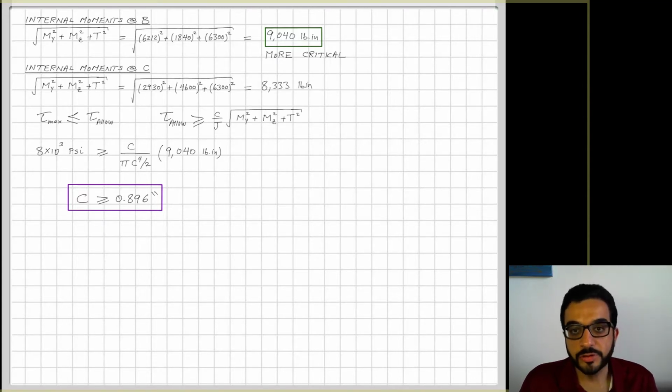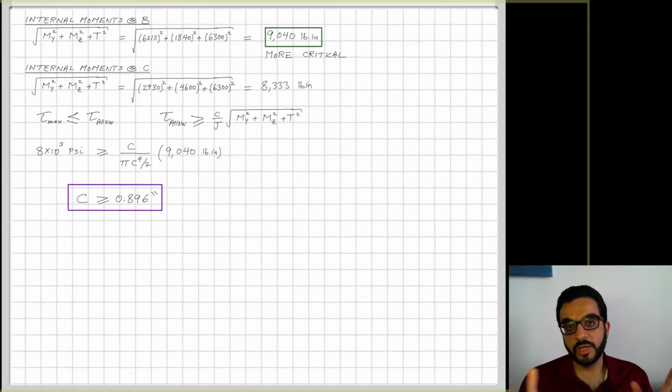Here in shafts, we need to consider all points in the shaft and pick the one that's most critical. To do that, you have to draw the torque diagram and a diagram for each bending moment acting on the shaft, and then figure it out. Sometimes it's a clear call, and you just pick the one that has all the maximum values of MY, MZ, and torque.